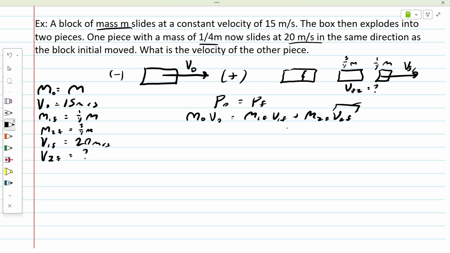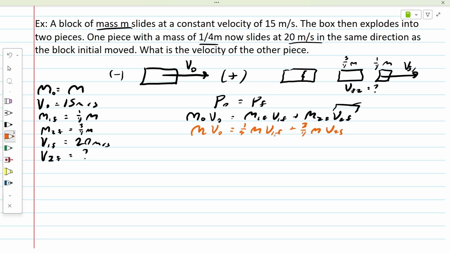So we can go ahead and rearrange this equation. But first, we can actually plug in what we have here. For the masses, we can go ahead and plug them in. Our M naught we know is just M, and V naught, I won't plug in the numbers yet. M1 final is 1/4 M, V1 final, and M2 final we know is just 3/4 M, V2 final.